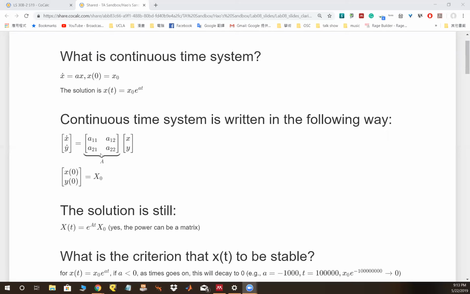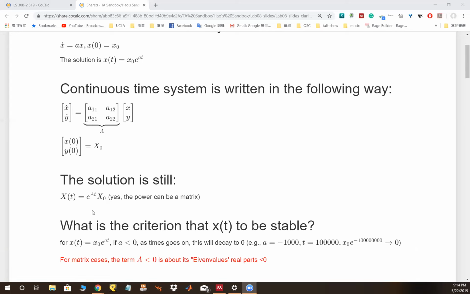All these a's are just constants. If these relationships exist, we call it a linear continuous time system, since the derivatives of any state variables are just constant combinations of the current state. And the solution is similar to this result here.